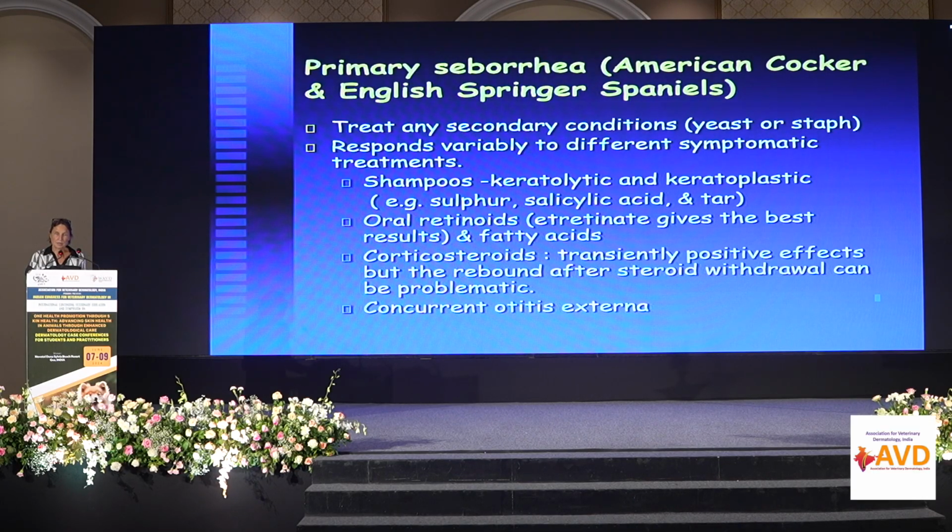Obviously, being a Cocker Spaniel with primary seborrhea, there's only so much that you can accomplish, but many products have a combination of keratolytic, keratoplastic agents to remove the scabs and try to normalize the differentiation of the skin. People in the past have also used a lot of retinoids to slow down that replication of the skin. In the US now, it's very difficult for us to prescribe retinoids because of regulations, so most people no longer can use retinoids.